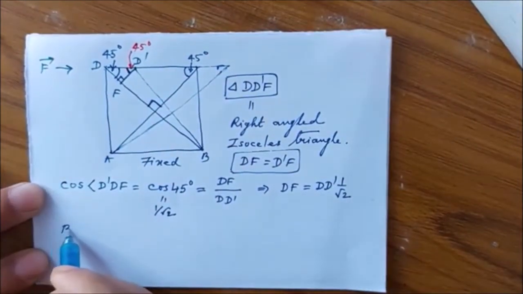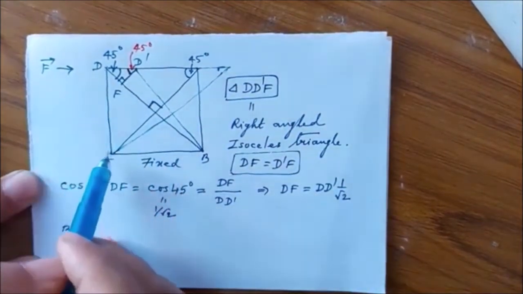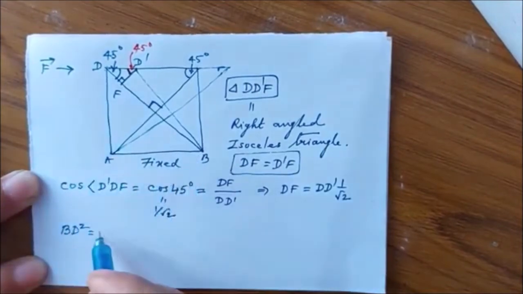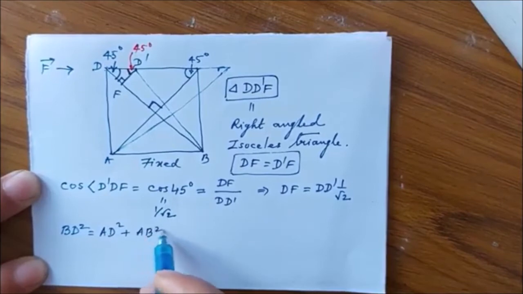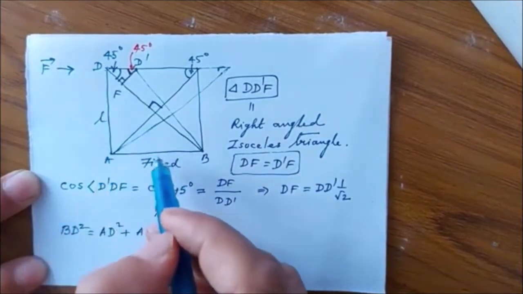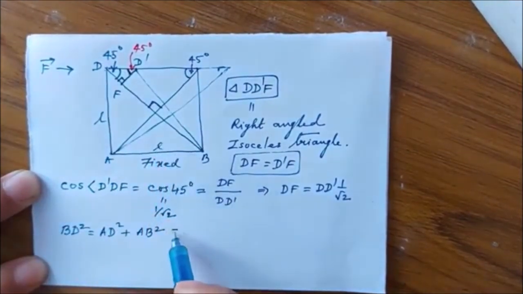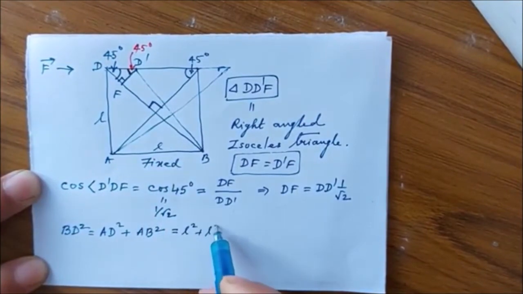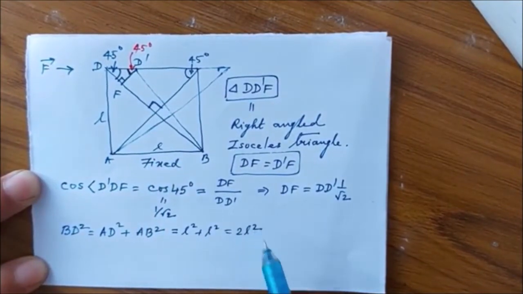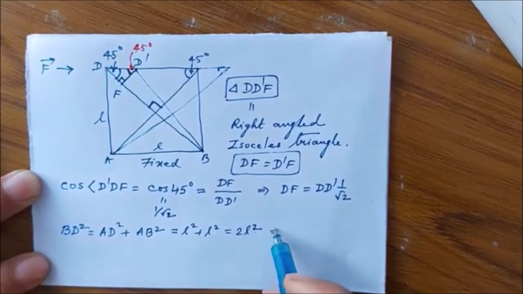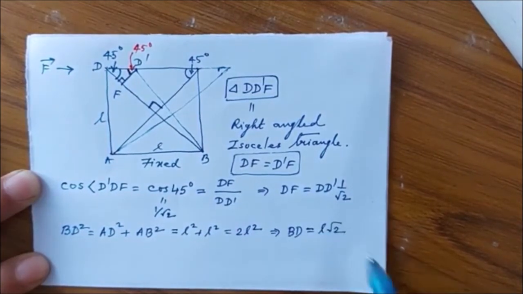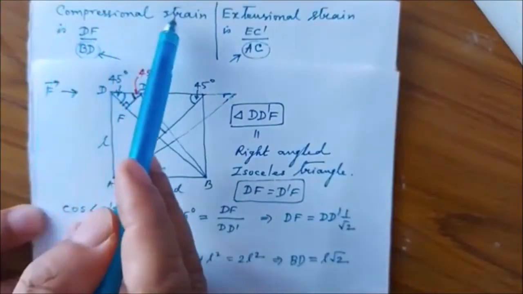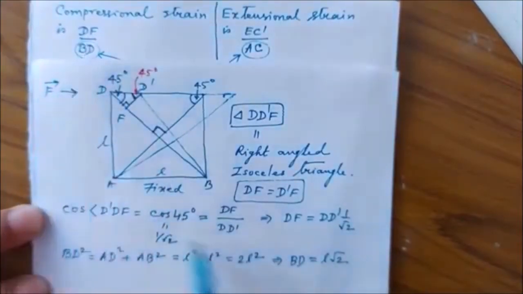Again, so BD square is equal to AD square plus AB square. And this side is L, this side is also L. So it is just L square plus L square equal to 2L square. So what we get is BD equal to L root 2. Now the compressional strain is dF by BD. dF is this one, BD is this one.